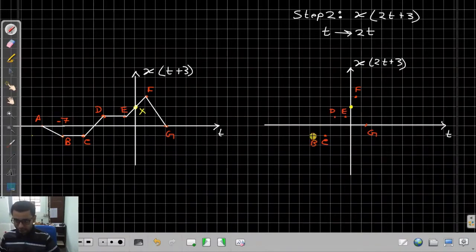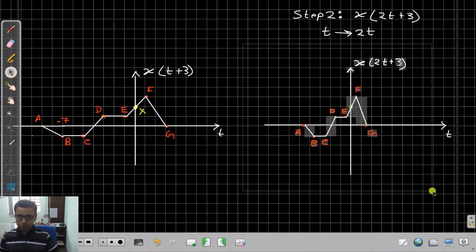Point A will be here at a distance of 4.5, because here it is at a distance of 9. Let me now join these points. And this is how this curve will look like. Our step 2 is complete.